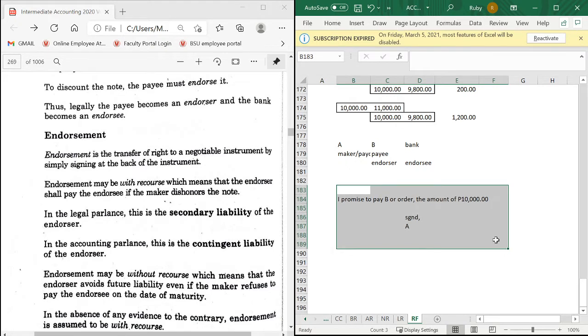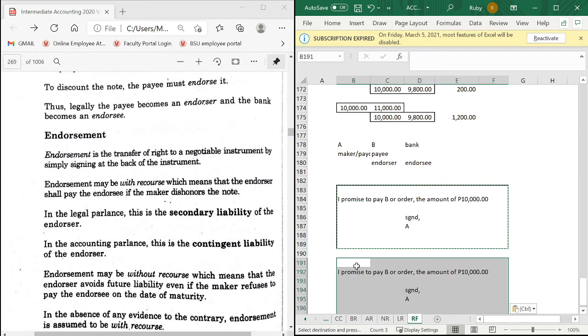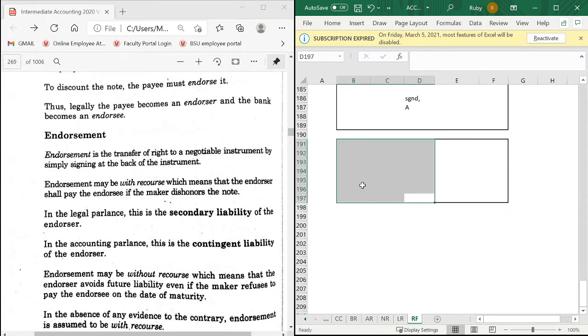Since siya ay payable, pay to B or order, yung order ni B, kung kanino niya i-transfer yung rights niya. Pipirmahan lang ni B, usually sa likod, no? Sa likod siya pipirmahan. Signed B. Yan, endorsed niya.